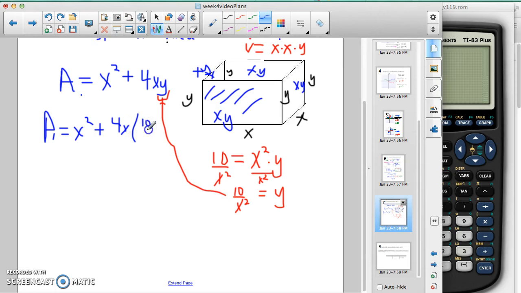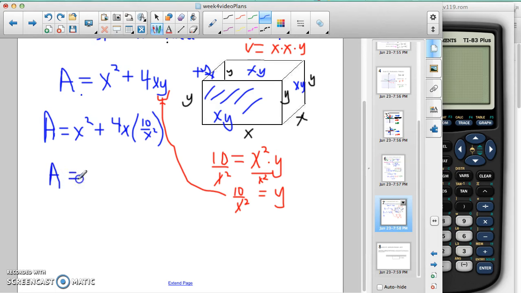And I want to simplify this a little bit so that it's a little bit simpler problem.